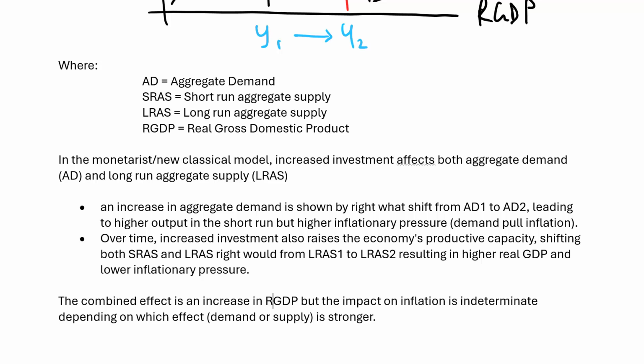So essentially what we're saying here is that with investment, in the new classical model, if you increase investment levels, that's going to stimulate aggregate demand, and also as those investments come online, our productive capacity improves in the long run, and our long run aggregate supply curve is also going to shift.